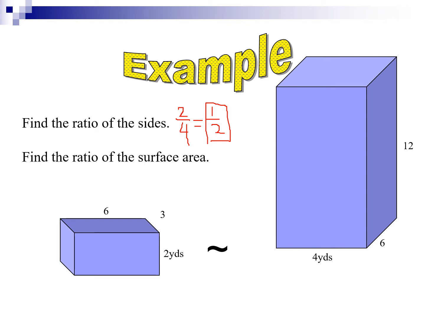From the theorem that we had earlier, there was a shortcut where you can take the ratio of the sides and square them. 1 squared over 2 squared, which is 1 over 4. That's a much faster, easier shortcut than having to find the surface area of the whole thing.